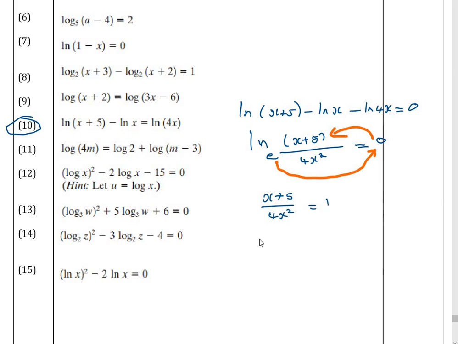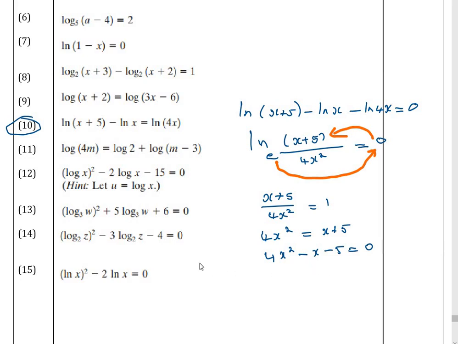Do my cross multiplication. 4x squared must be x plus 5. Bring over. So 4x squared minus x minus 5 must be 0. Let's see if this factorises, but otherwise, go to the formula.